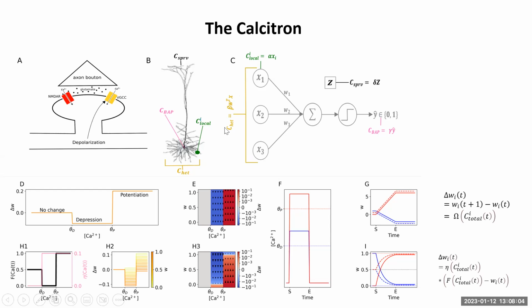If you notice, the heterosynaptic calcium source is beta times the weighted sum of all of the synapses. So in fact, for any given synapse, you're also getting that synapse's weighted contribution, right?